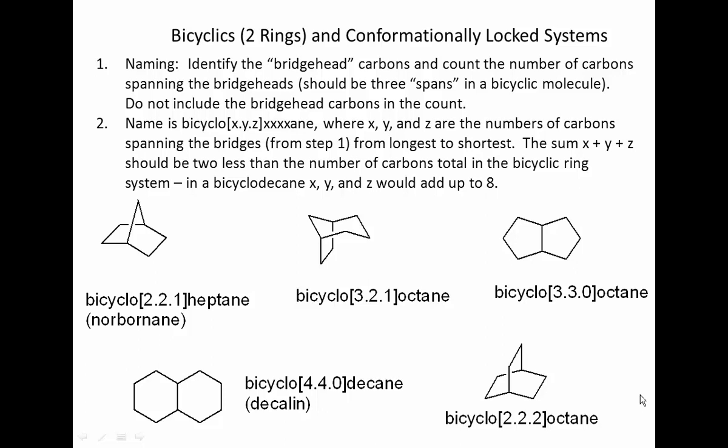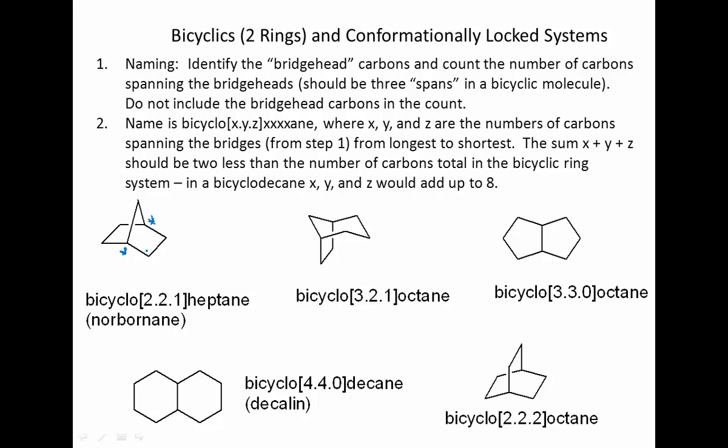We first have to identify the carbons that we designate as the bridgehead. Then we're going to count the number of carbons that are spanning the bridgehead. So let's just look at this very first one right here. These carbons here are the ones that we would identify as the bridgehead.